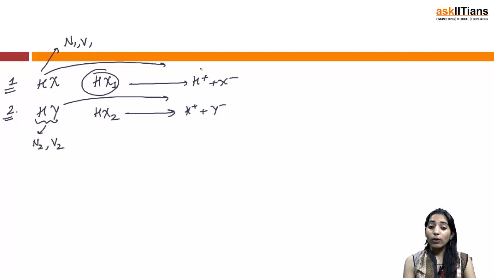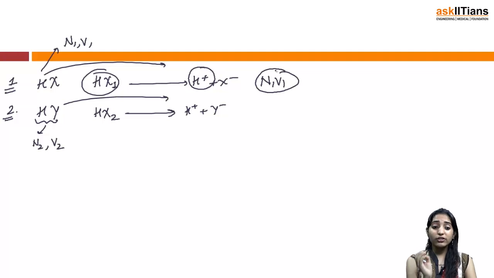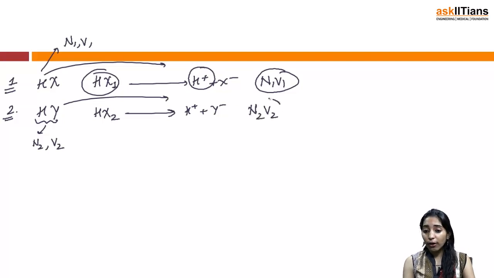That means the total equivalents of H positive given by the acid HX will be nothing but N1 V1. So I have N1 V1 as the number of moles of H positive contributed by HX. Similarly, for HY, N2 V2 will be the total number of moles of H positive contributed by the acid HY.